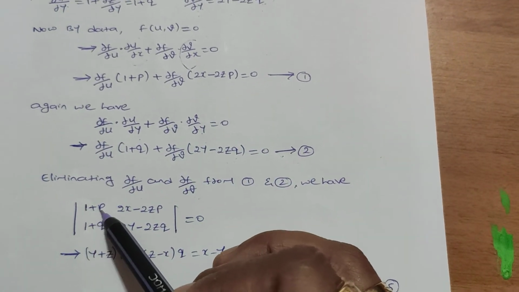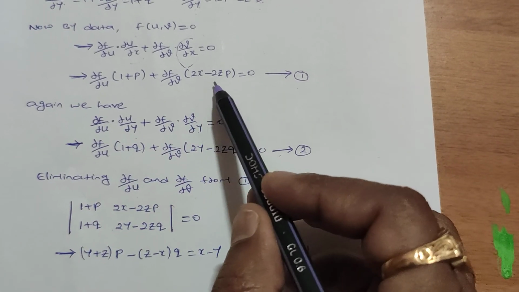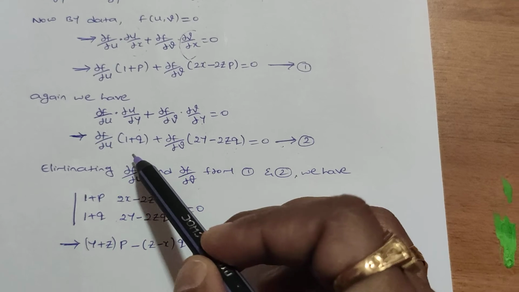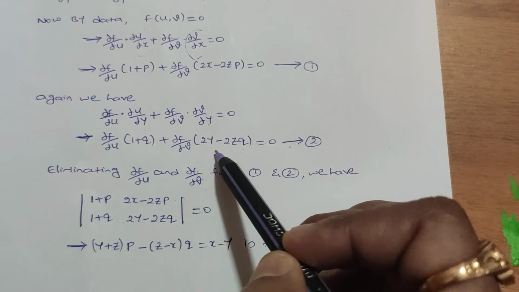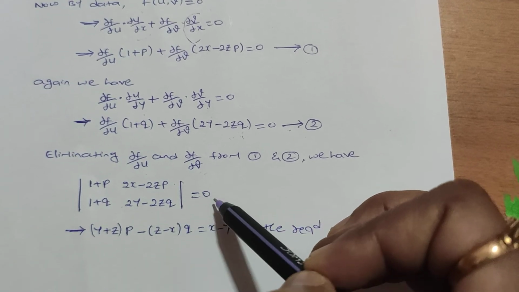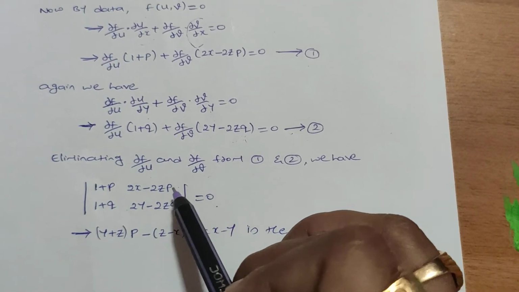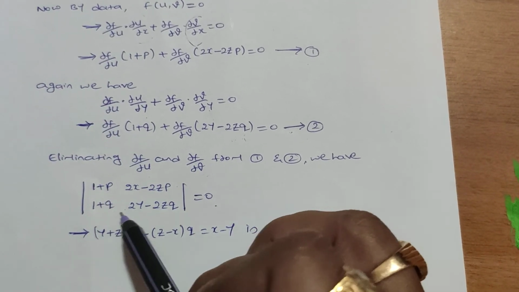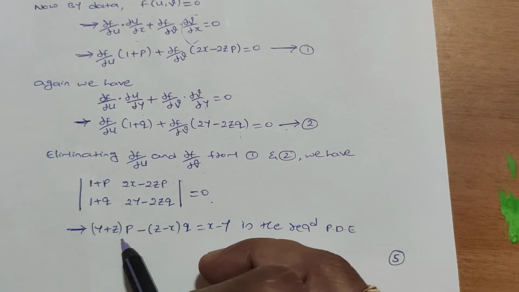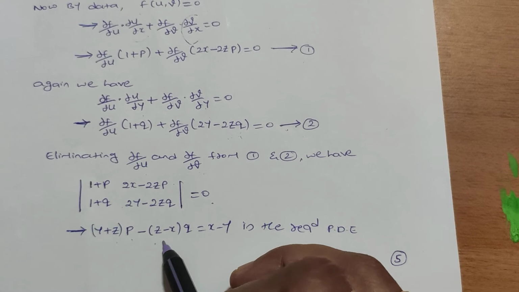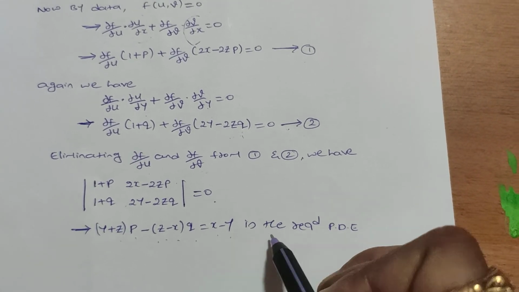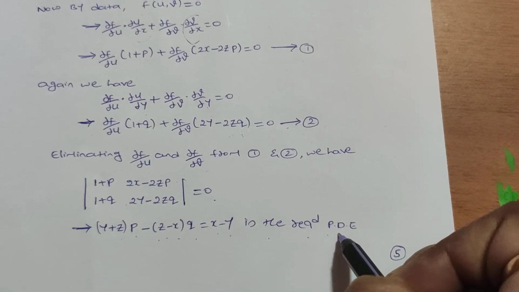So 1 plus p, 2x minus 2zp; 1 plus q, 2y minus 2zq, equating the determinant to 0. On expansion of the second order determinant, we get (y plus z) p minus (z minus x) q equals x minus y, which is the required partial differential equation.